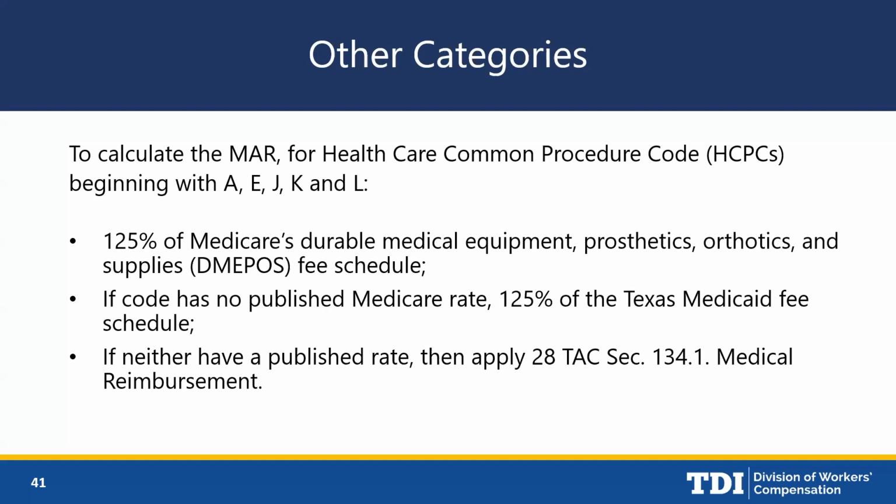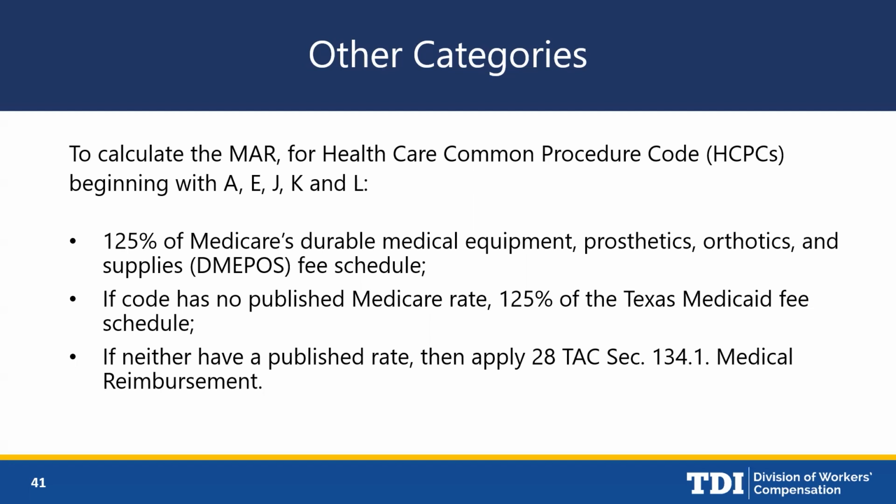That's durable medical equipment, prosthetics, orthotics, and supplies. You'll get 125% of that. That 125% is static. It hasn't changed since 2008. So as Medicare adjusts the DMEPOS, we're going to pay you 25% more.